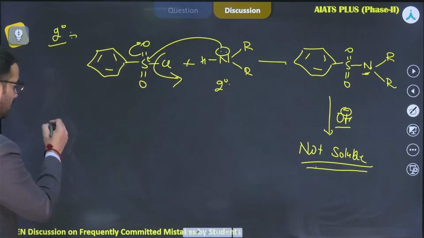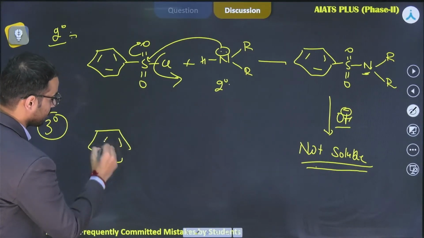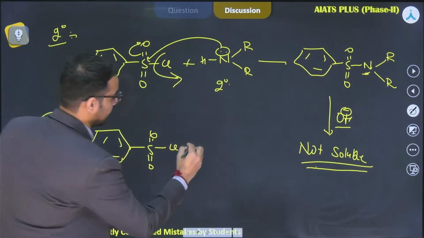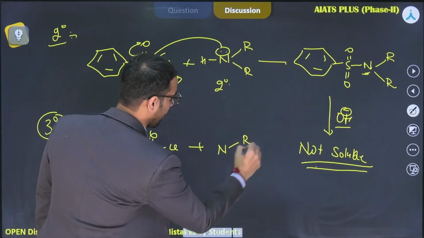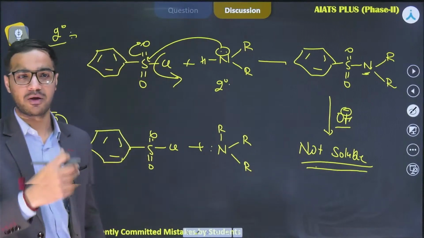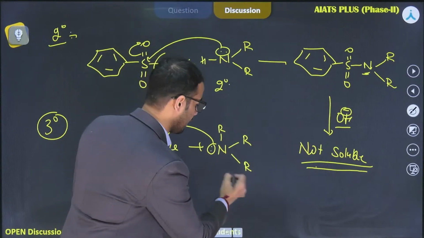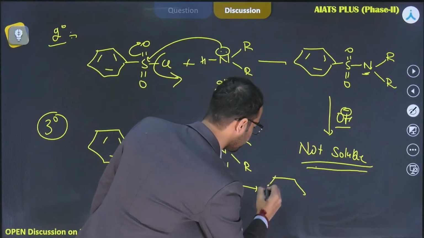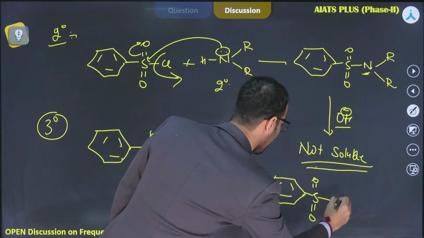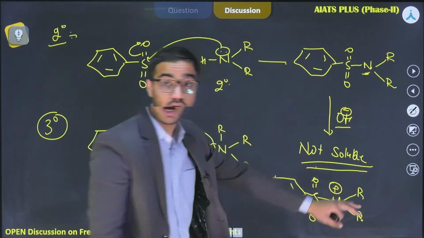Okay. And if we go to the tertiary amines, let us say you are having S double bond O, Cl, reacting with N, R, R, R. At first insight, you can pre-assume that the lone pair can attack this. Yes, it can. If this could be the case, you will get S double bond O, N, R, R, R, and the positive charge is here.